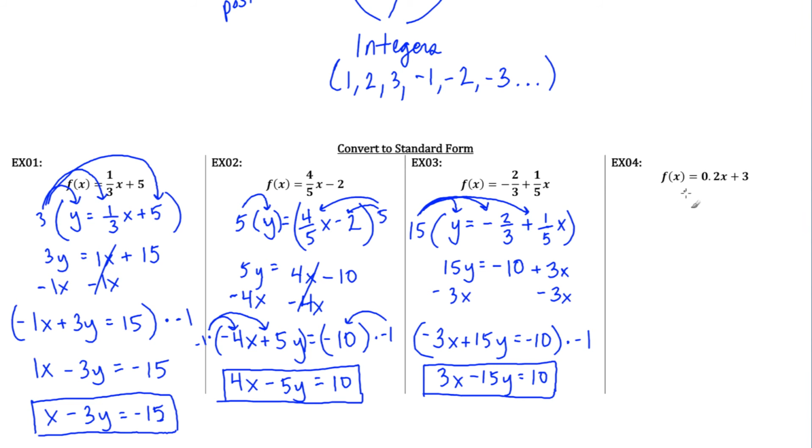All right, so we have one more. Before I do this, I see a decimal, so I'm going to convert this. You can use Desmos, I've taught y'all. You can also just say that is 2/10, which is 1/5. Now, before we do this, I actually want to change this example. I'm going to make this a negative.